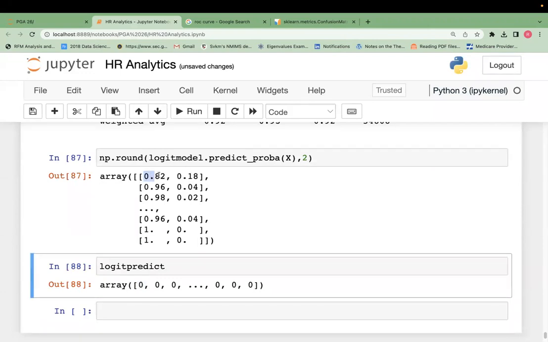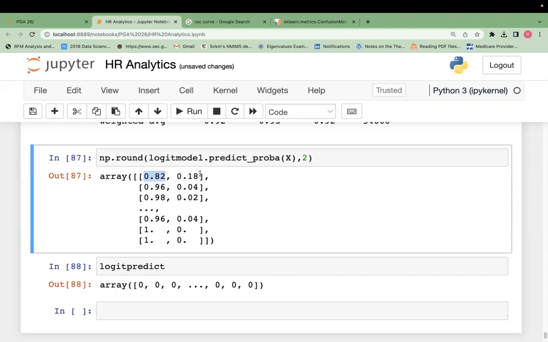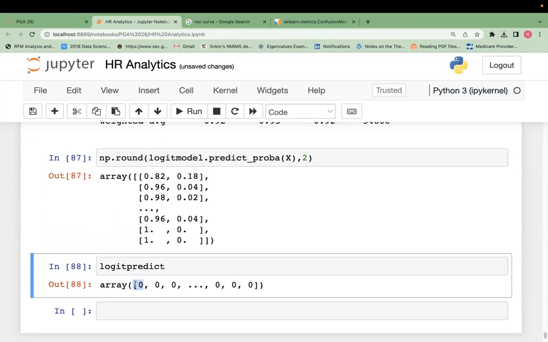Because the probability of 0 is greater than the probability of 1. We have two classes, 0 and 1. So in probabilities you'll get two values, one for 0 and the other for 1. Whichever is the highest, that is the predicted class.